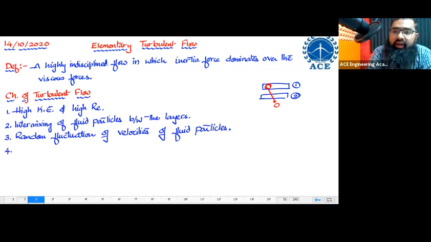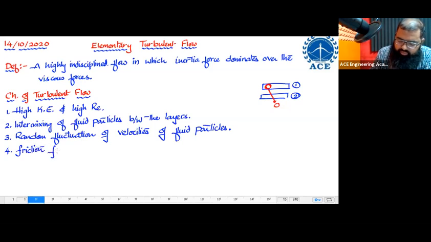Apart from these, one important characteristic is that friction factor no longer depends only on Reynolds number. Please remember, friction factor will also depend on surface roughness. Remember the Darcy friction factor?